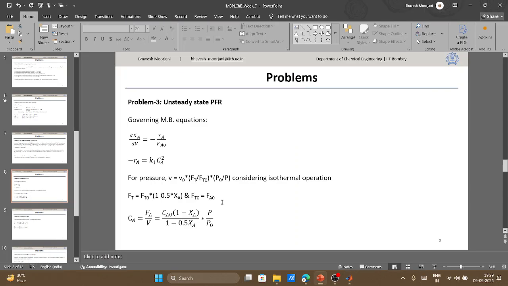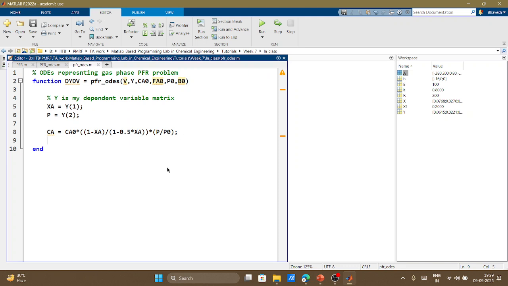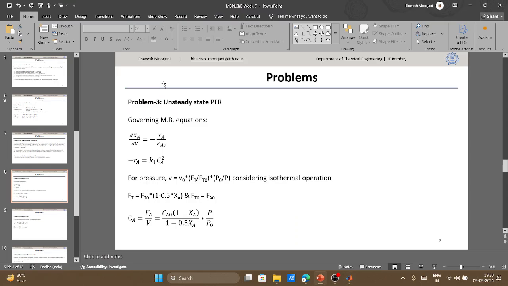Now once CA is known, I can find the rate RA. So my RA becomes K1 into CA to the power 2. I will also need to call K1 from my equations, right? So K1 times CA squared gives me the rate RA.